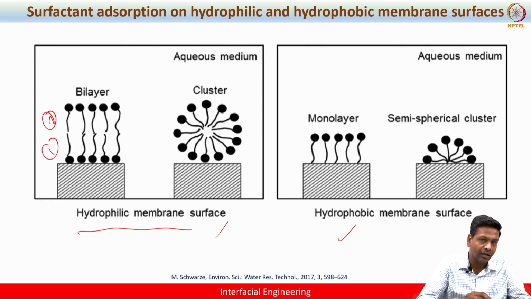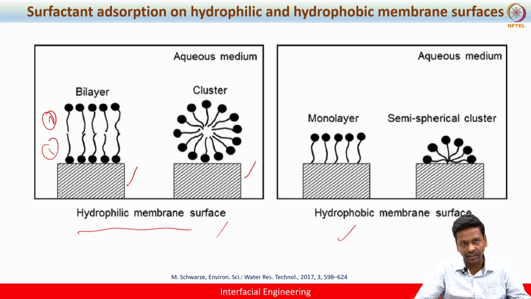So the favorable arrangement will be a bilayer on the membrane surface. In this way, the surface of the membrane will be clogged, and it will hinder the process of transport. This is one mechanism. The other mechanism is clusters: micelles can also attach to the surface through hydrogen bonding, and in this way also you can expect hindrance.